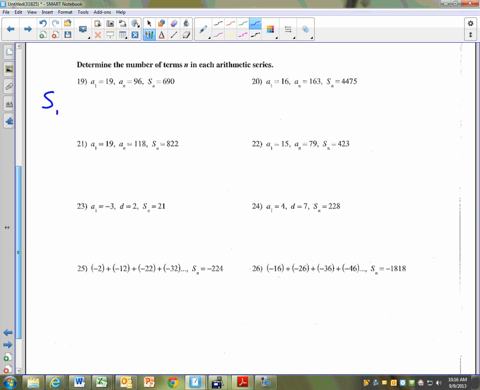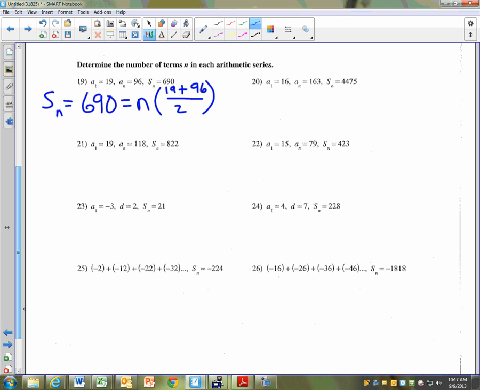Namely, S sub n is equal to, do we know what n is? No. Do we know what S sub n is? Yeah, so I'm just going to write that. 690 equals n times, do we know A sub 1? Do we know what A sub n is? Divided by 2. Well, that's not so bad. We can figure that out, can't we?